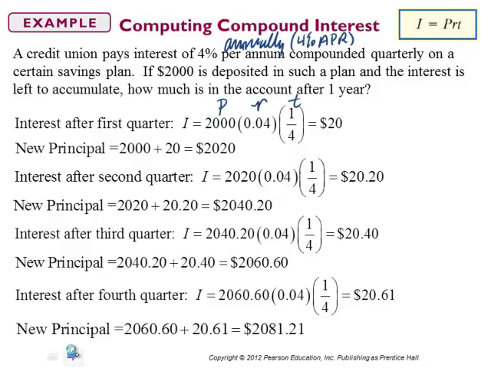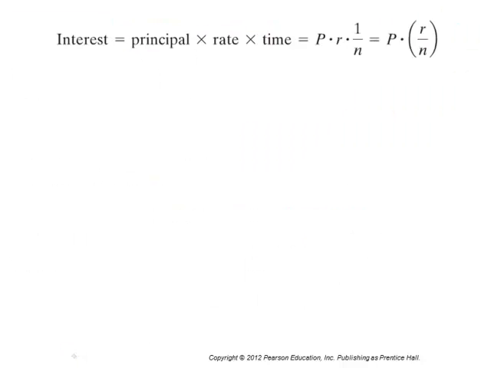All right, moving along here. Now, let's see what it is that we did for each of those periods in terms of applying interest. We did simple interest, right? Principal times interest rate times the time. But what was the time?